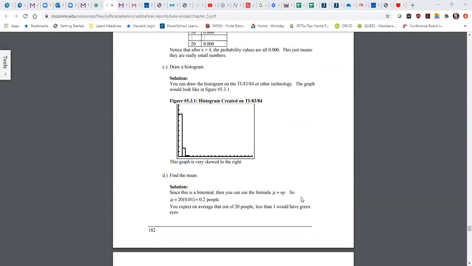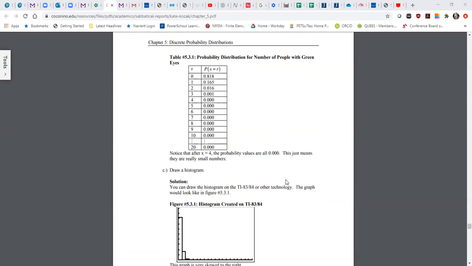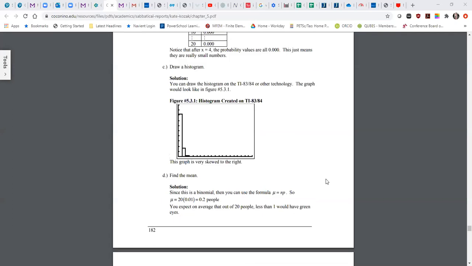If you want to find the mean, you simply multiply the number of trials with the probability, right, equal 0.2.